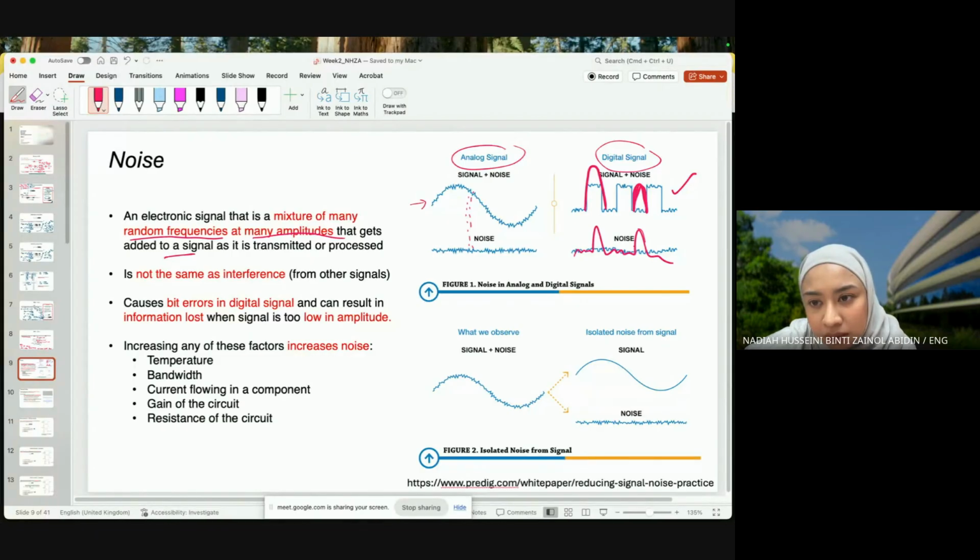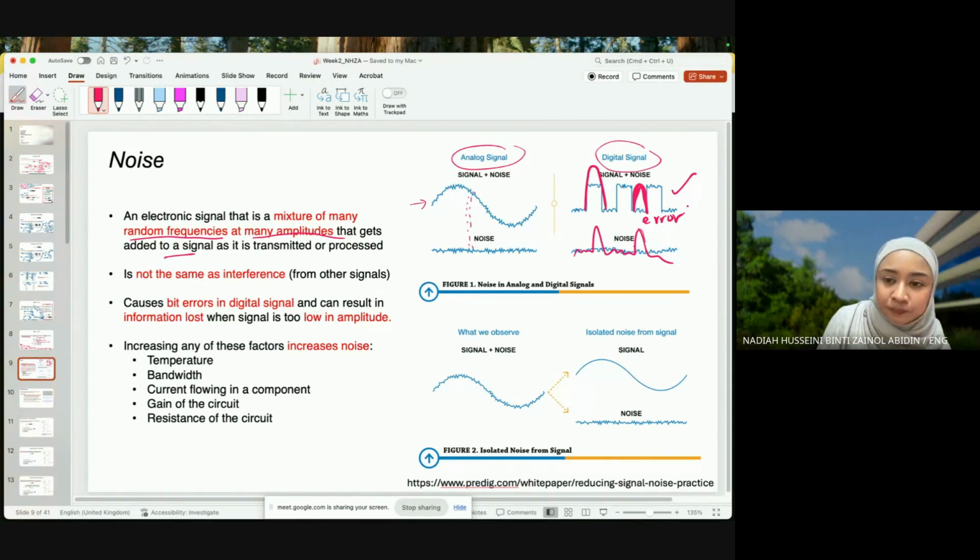So it's giving me a false value 1 in the signal that I'm observing. So this is where the error happens because of the noise. If the noise is too big, it is perceived as a signal 1, and whatever that is decoding it is going to decode a wrong signal. Okay, so this is okay lah. This is error.